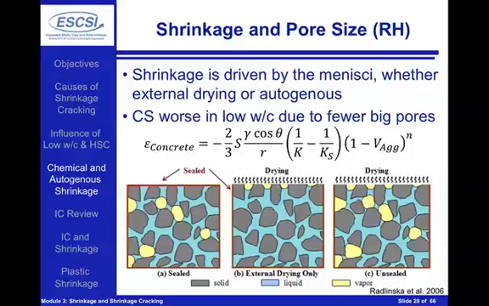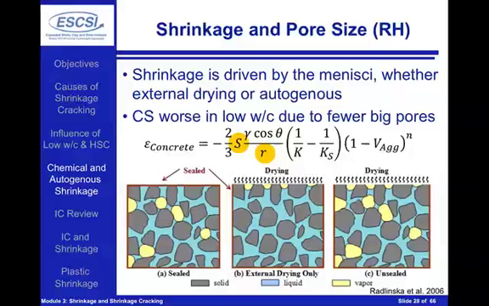The K values talk about essentially the bulk modulus or the stiffness of the solid material and the structure that's forming, and then again the volume fraction of the aggregates or the amount of paste that's inside of the system. When we start to really look at the shrinkage of the concrete, we can see here that it's the saturation of the system, how much fluid is in the system, and really the size of the meniscus in the pores that are emptying out, that really drive the overall shrinkage, all other things being equal.